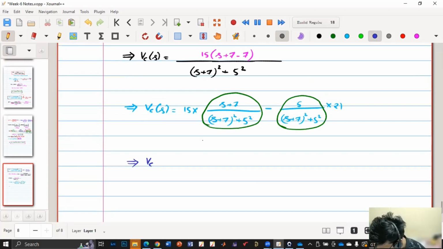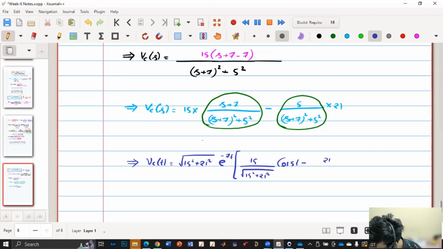So VC of t is square root of 15 square plus 21 square e to the power minus 70 into 15 by square root of 15 square plus 21 square cos 5t minus 21 by square root of 15 square plus 21 square sin 5t. So what we did, we have multiplied and divided by the same term.